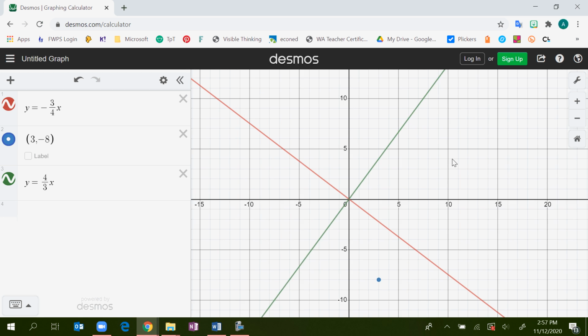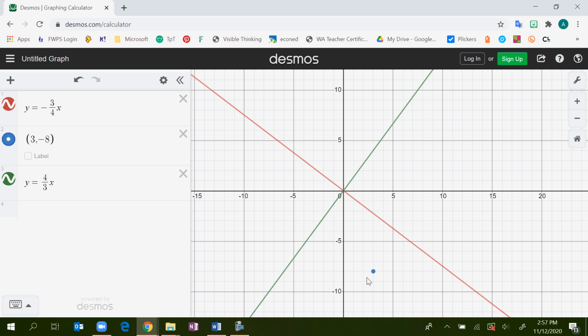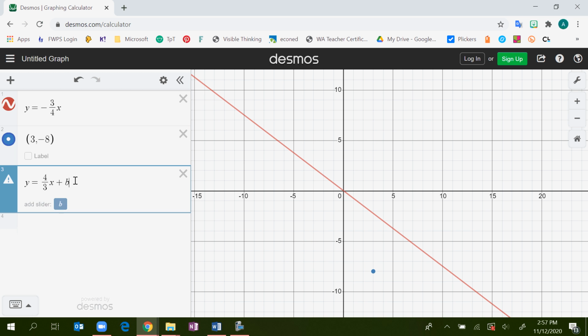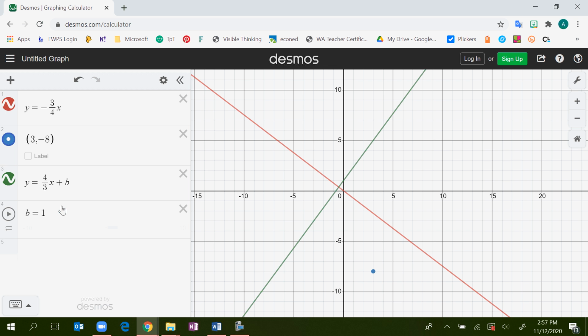But let's take a look at where my point is. We needed to go through this point here. So I need to solve for a new y-intercept of b, and let's see where it needs to go. If I go to the right, I'm not moving in the right direction of my point. So I think we have to go down to the left. And let's see, doesn't look like we're going to make it.